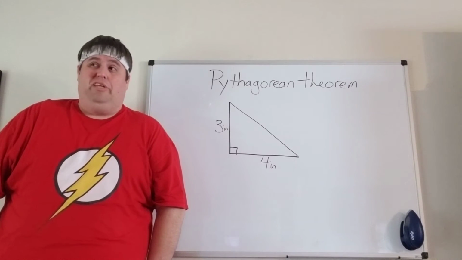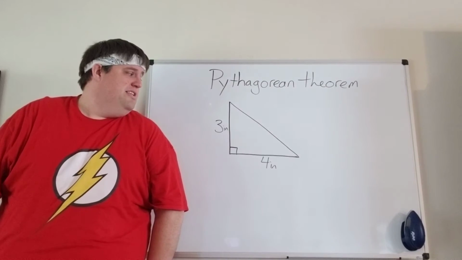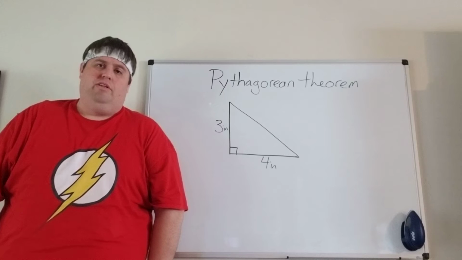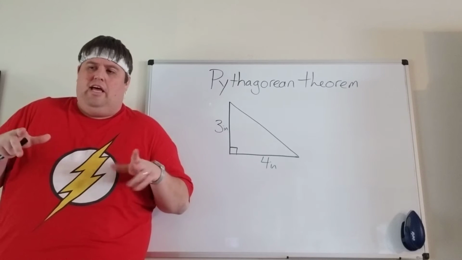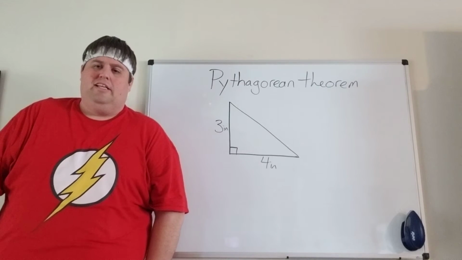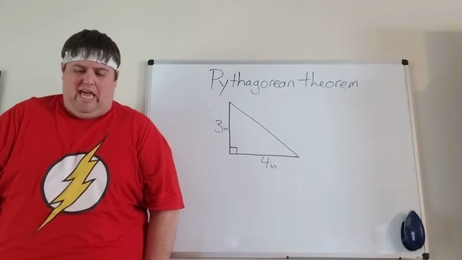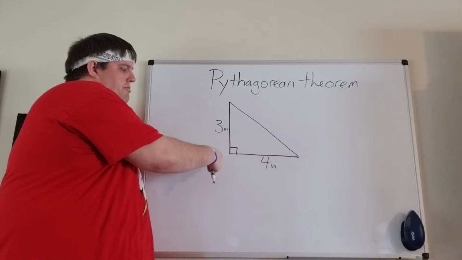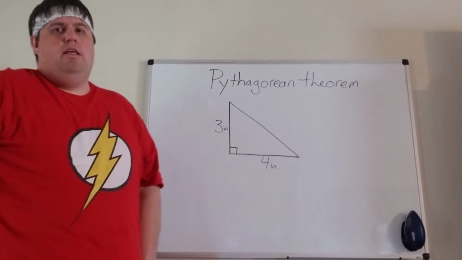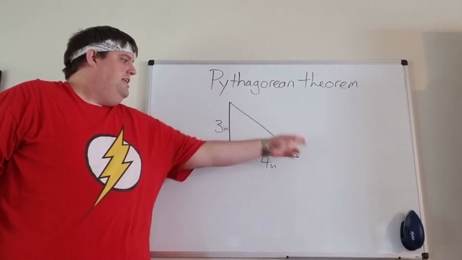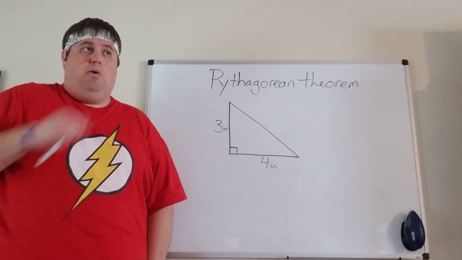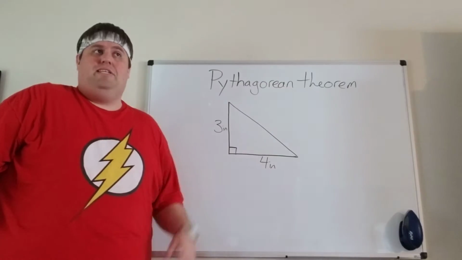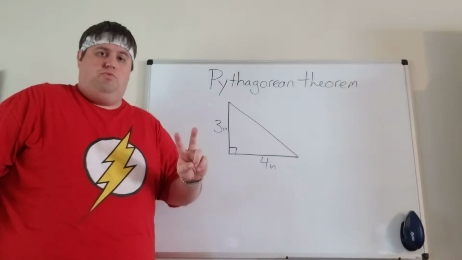Imagine if I was building, obviously this is small because we're talking inches, but like the scale of a roof. I'm making a little fort, a little model of a roof, and I want this height to be 3 and this length to be 4. I want to know how long this side needs to be. So Pythagorean theorem can help us find a missing side, any of these sides if they're missing, as long as we know two of them.